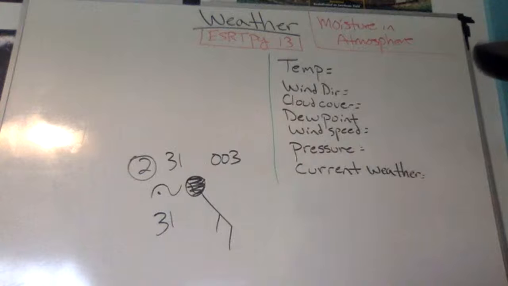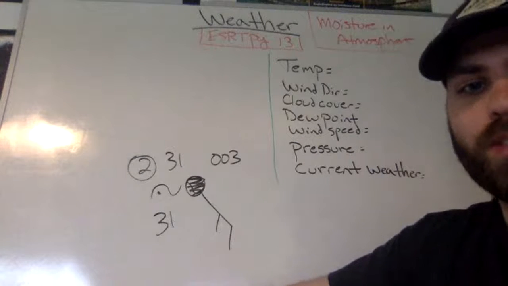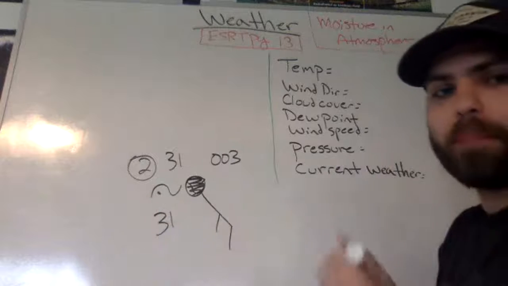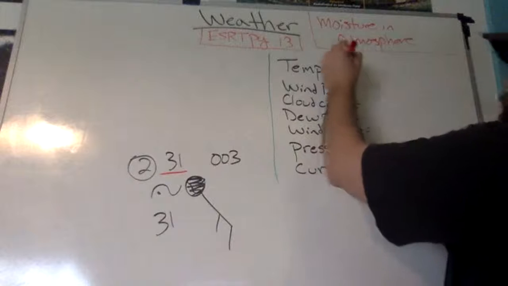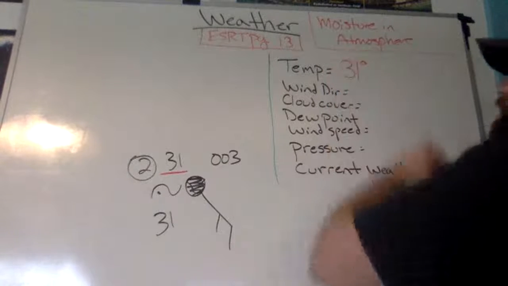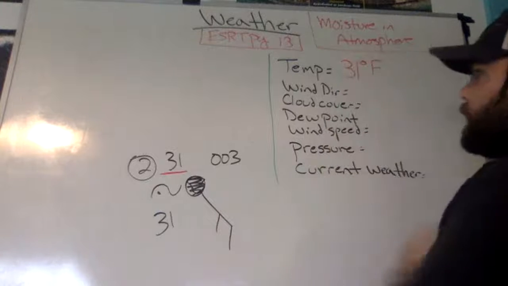We're looking at temperature again. Just like our other station model, it's always going to be the top left. So top left, we got 31. So it's going to be 31 degrees. It's always in Fahrenheit, unless they tell you otherwise.